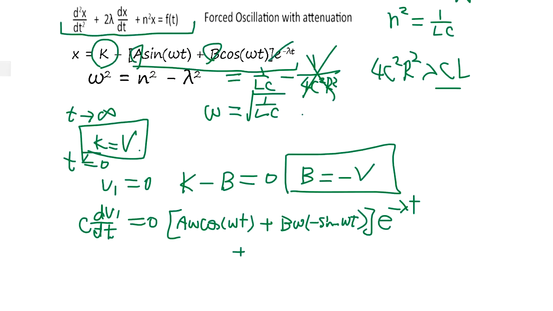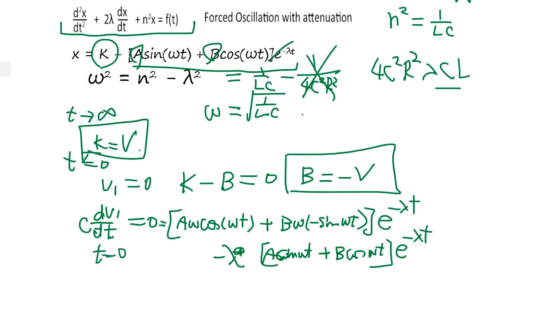plus A sine omega t plus B cos omega t, and minus lambda. Okay, so that's going to be 0 when t is 0.